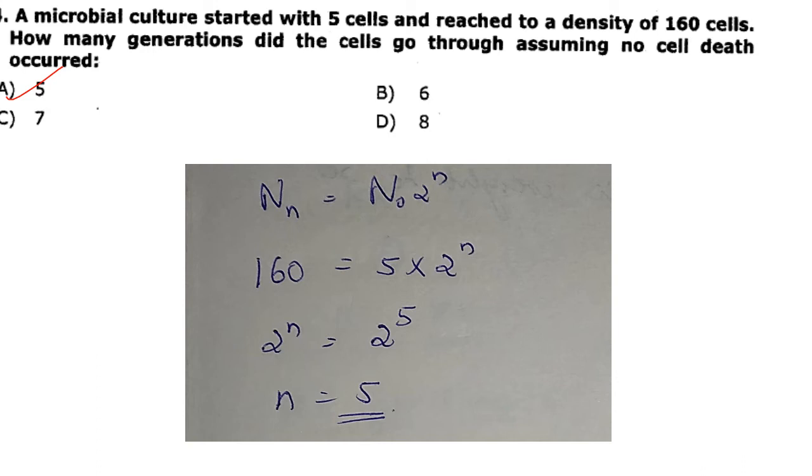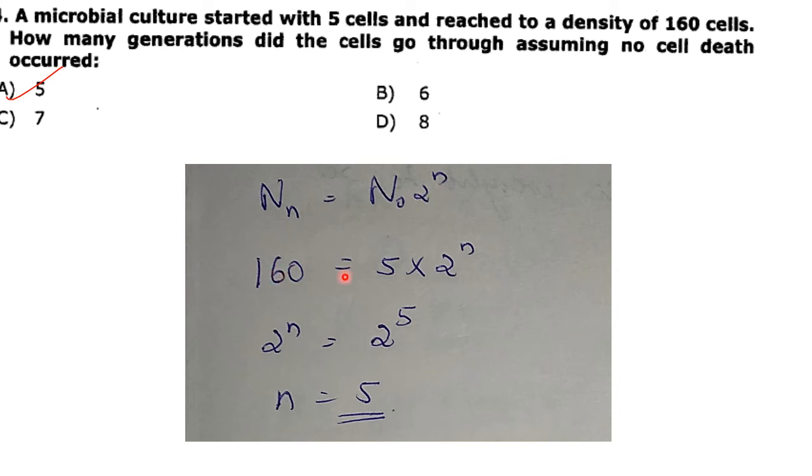A microbial culture started with 5 cells and reached a density of 160 cells. How many generations did the cells go through assuming no cell death occurred? For calculating this, we have a formula N is equal to N0 into 2 raised to n. N is the final number of cells, the density attained at last. N0 is the initial number.